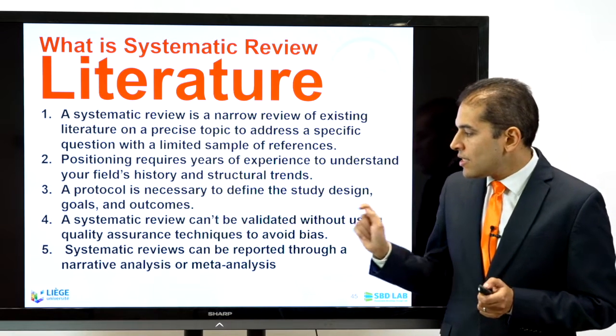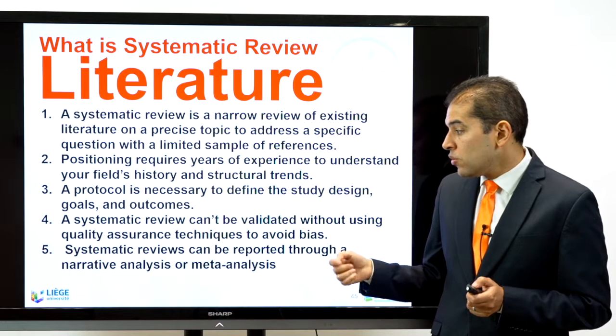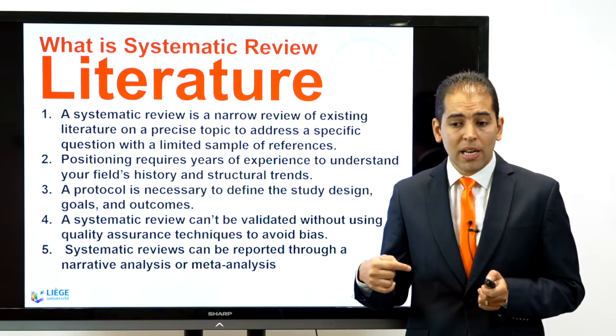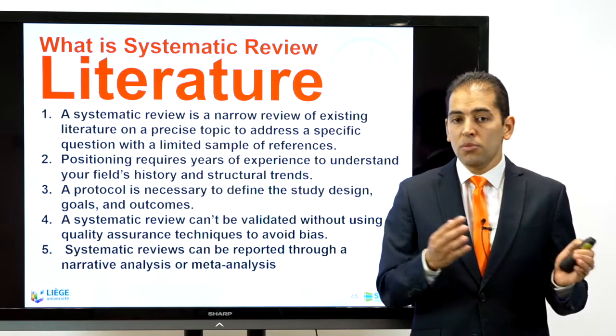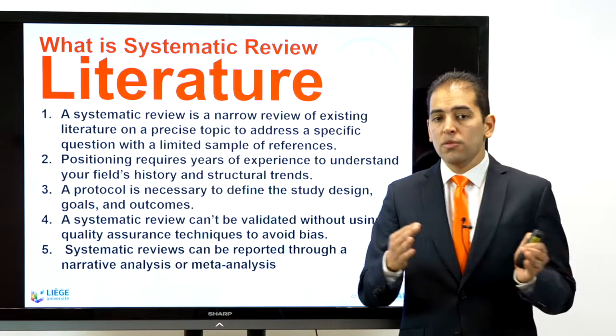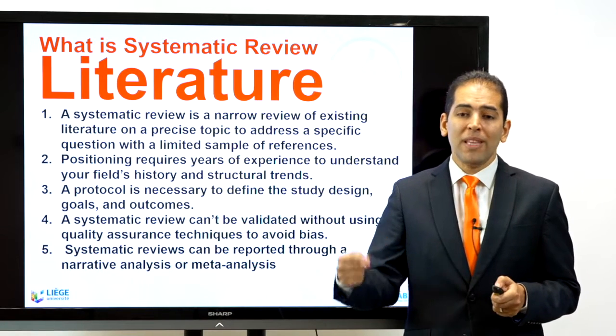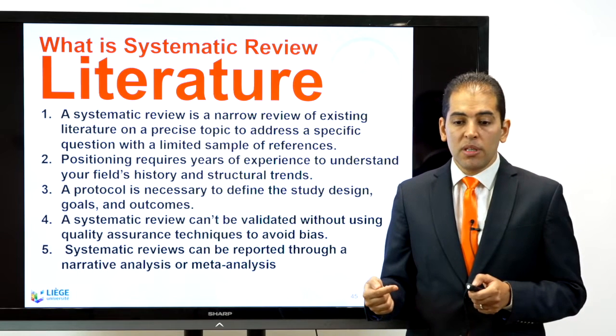And for sure, systematic reviews can be reported through a narrative analysis or a meta-analysis. It's up to you to decide if you will keep it qualitative, or you move it more on the side of quantitative, depending on the type of analysis that will be conducted.